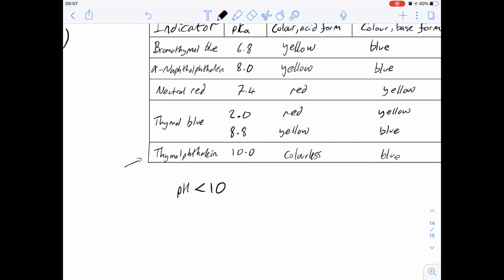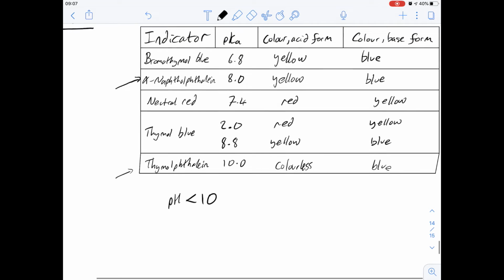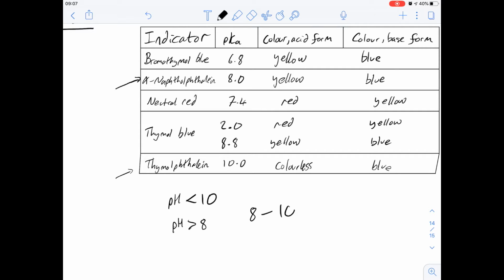And then the second one says that it turns blue, and that's this one here. Which means it's going to be in its basic form, meaning that the pH of the colourless solution is going to be greater than the pKa here. So we know the pH is going to be greater than 8. So that gives us a range of 8 to 10.